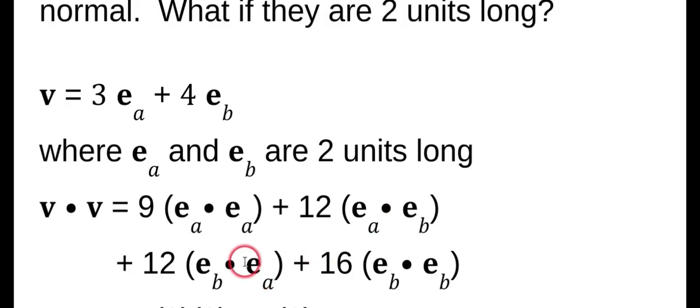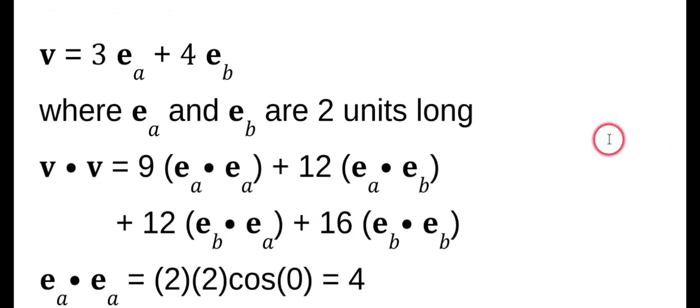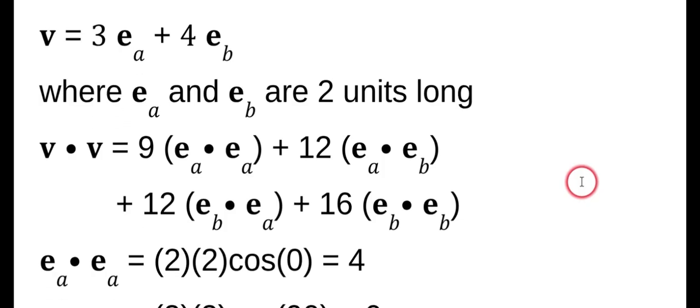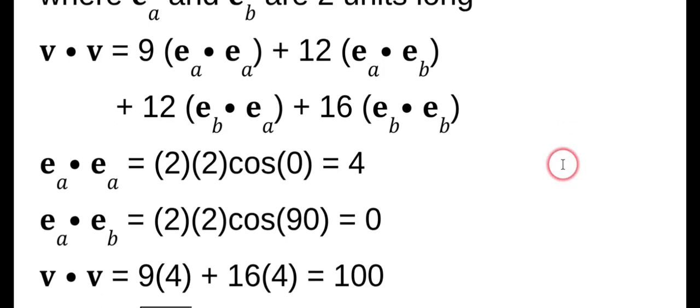These are still 0 because they're orthogonal. But what's EA dot EA? Well, this time their magnitude is 2, so we've got 2 times 2 times the cosine of the angle between them, which is 1, is equal to 4. So these are 4, and this is 4. So we work that math out, and we get the square root of 100. Well, that's not 5. So what went wrong here?